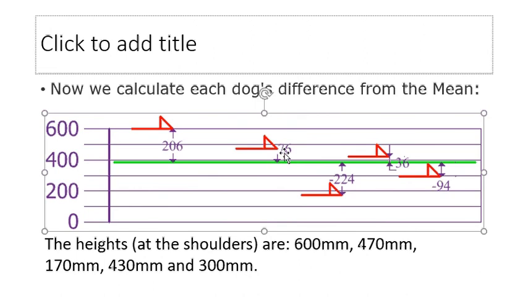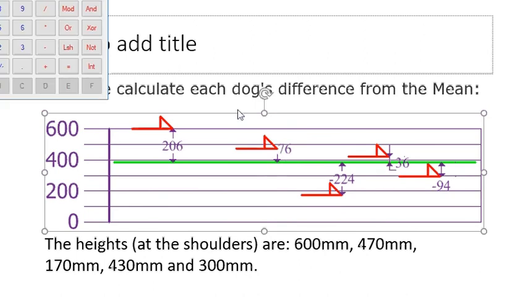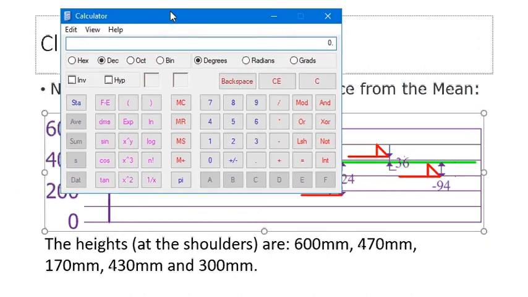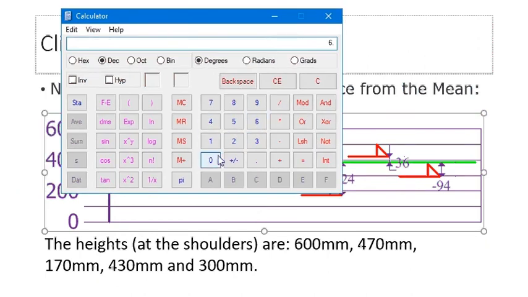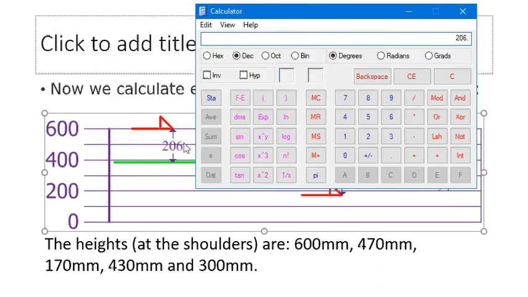Okay, so if we use a calculator, for example, 600, that is the height of the first dog, minus 394, the computed average, it's actually 206.